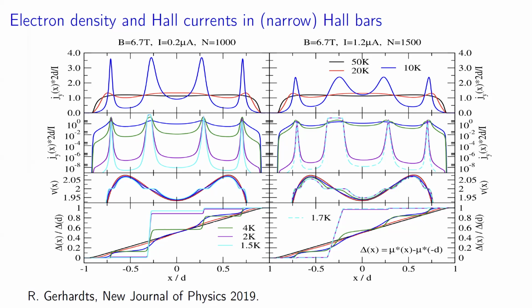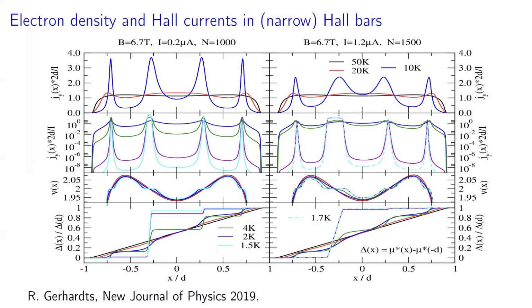So what you see here is the density. Okay, that's the light blue curve. And you see here these plateaus. These are regions in space where you have integer filling of your Landau level. And this is now a transversal cut. So if you think about the whole thing, then this will be strips in the whole bar, which are called incompressible strips.